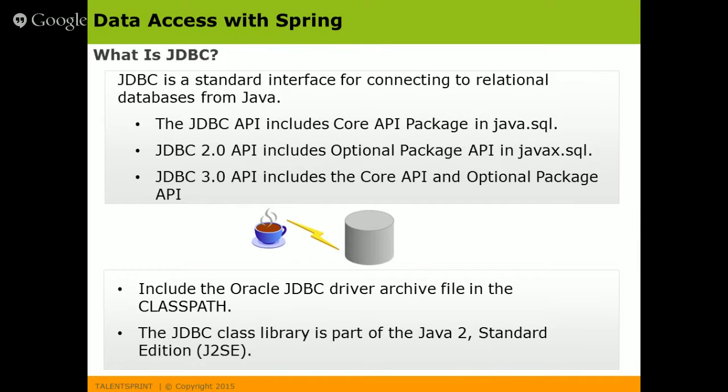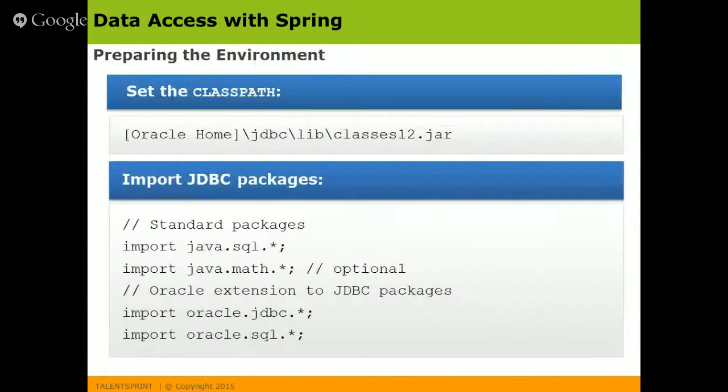So there are JDBC drivers provided by the vendors which are useful to communicate with the databases. There are many database drivers based on the databases we use in our applications.